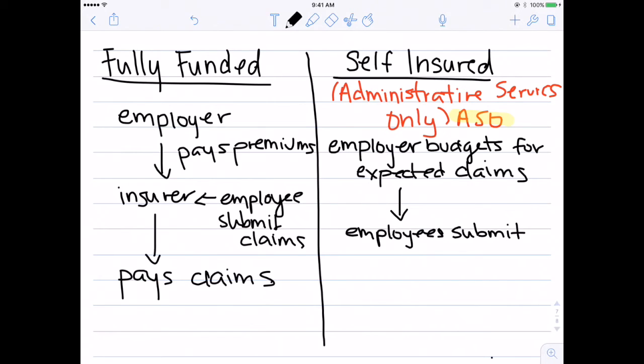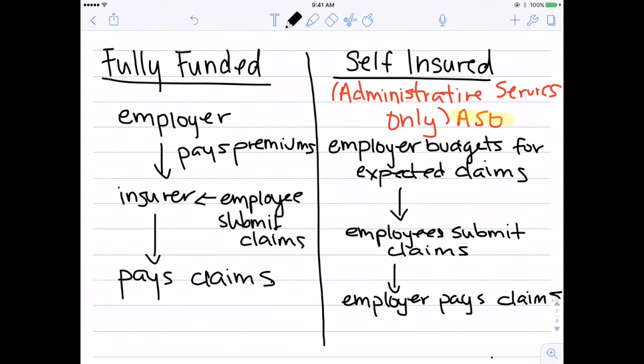Instead, we're going to have the employees submit claims and then the employer pays those claims. Which solves the problems that we saw from the employer's perspective.